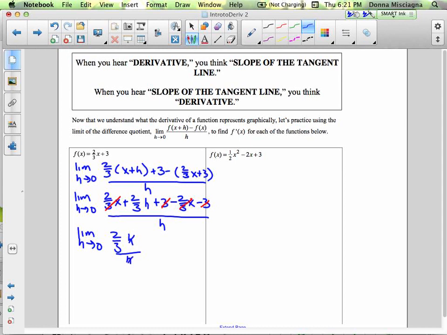And so that means the derivative is 2/3. And that makes sense. This is a line. What's going to be the slope of the tangent line? Well, since the slope of this line is 2/3, the slope of the tangent line is always going to be 2/3. Right? So let's add that. Slope of the tangent line is always 2/3.